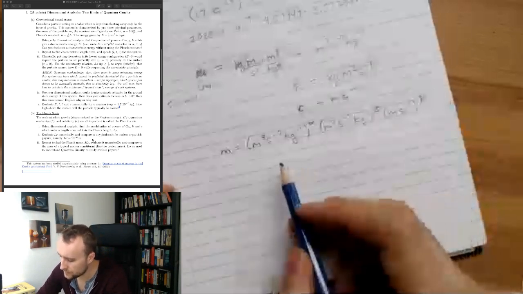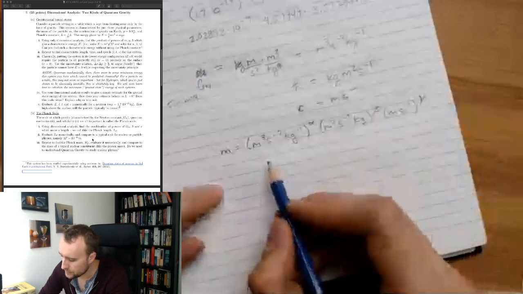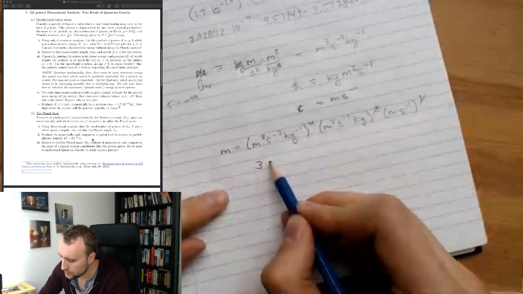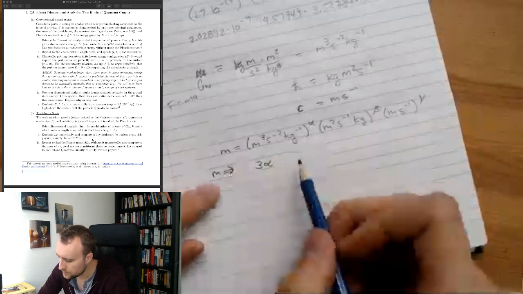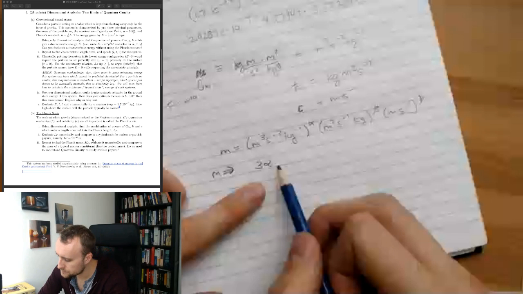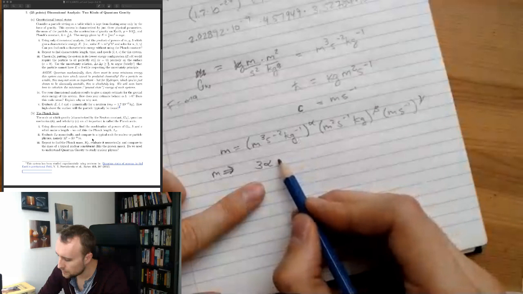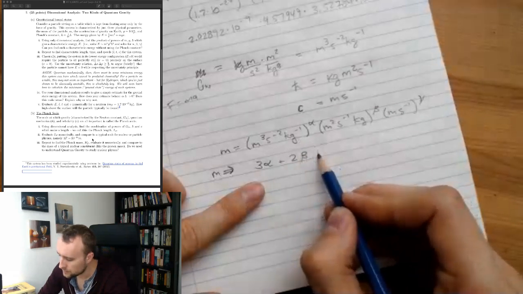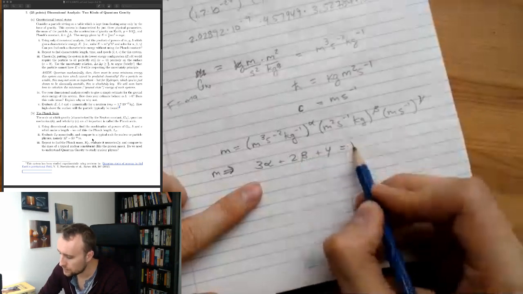So our formulas are going to be, for meters, 3 alpha plus 2 beta plus this, equal to 1.